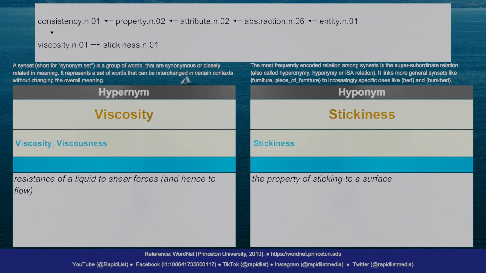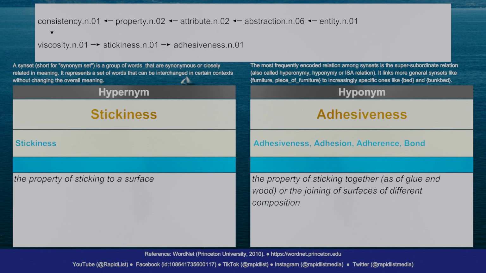The property of sticking to a surface. Adhesiveness. The property of sticking together, as of glue and wood, or the joining of surfaces of different composition. A heated hydraulic press was required for adhesion.